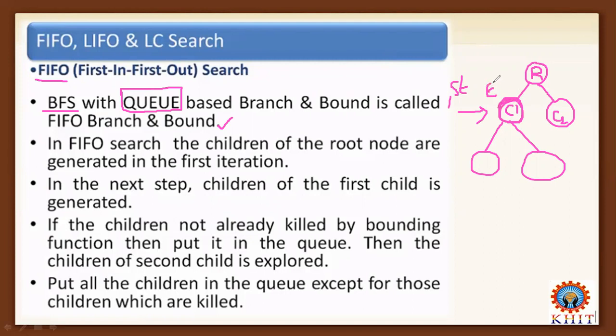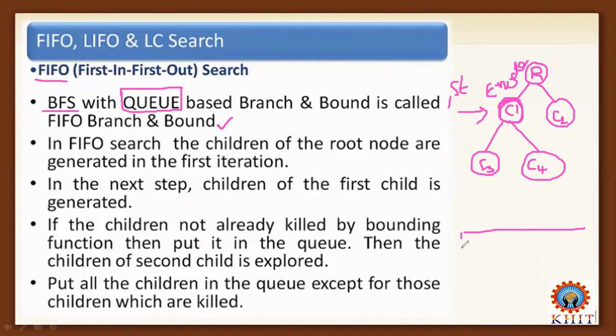If the children are not already killed by the bounding function, that means C3 is a child, and C4 is another child, which can be generated from C1. If the children are not already killed by the bounding function, then put them in the queue.